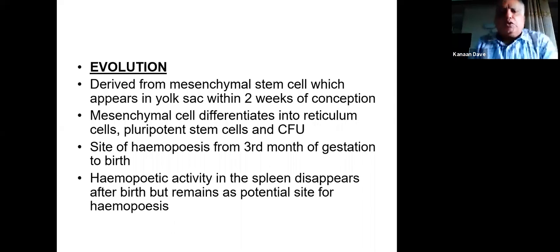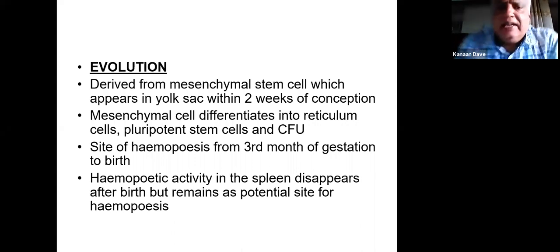Taking you back to embryology, you are aware that the spleen is derived from a mesenchymal stem cell, and it is formed in the first 2 weeks of conception. The mesenchymal cells then differentiate into reticulum cells and pluripotent stem cells, as well as colony forming units.